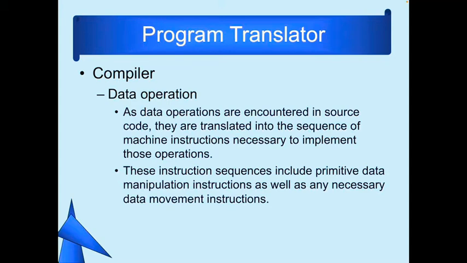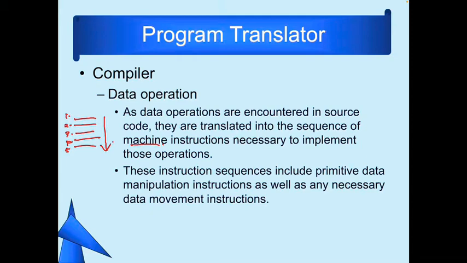So for a data operation, we have maybe a sequence of instructions that need to be run by our machine, for example 1, 2, 3, 4, in sequence. These instruction sequences include primitive data manipulation instructions, as well as any necessary data movement instructions.